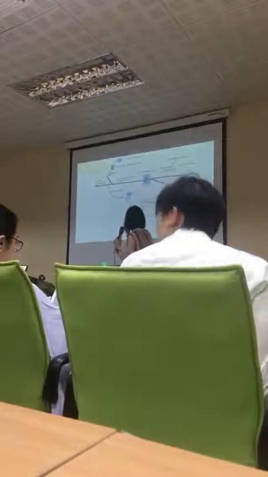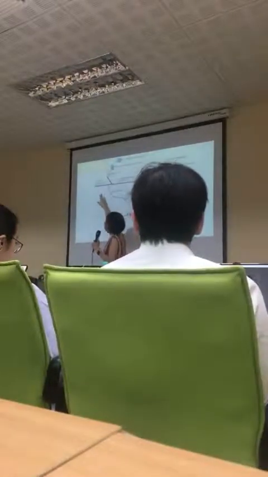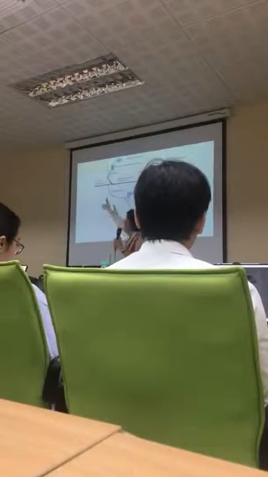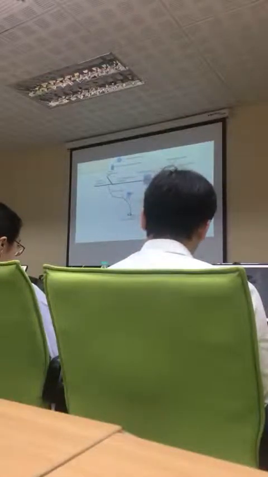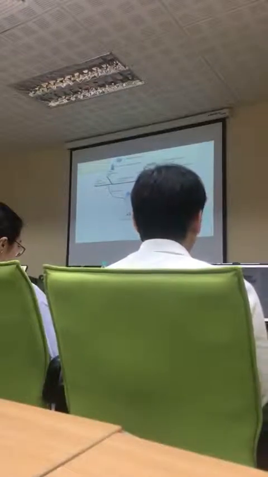So I decide to explain this way because after the greater superficial petrosal nerve gives the parasympathetic fiber, they have this part. We have the sympathetic fiber passing to the superior cervical ganglion, which gives the fiber plexus around the internal carotid artery.